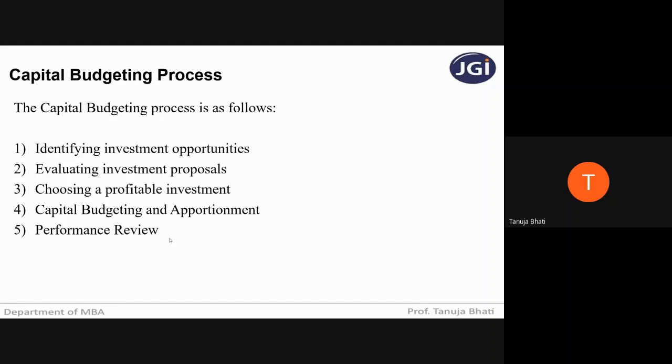But in performance review, you see, after adding this product into the business line and actually selling it in the market, whether your actual sales are equal to your expected sales. So performance review will help you know whether the investment decisions you have made are up to the mark or not. Is the entire capital project budgeting process clear to everyone?